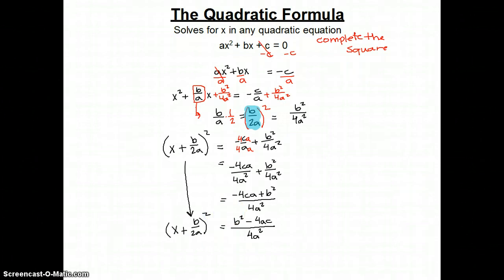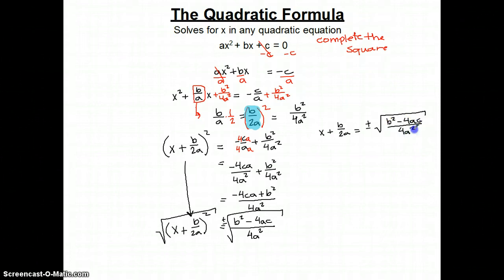Now again, my goal is to solve for x, so I square root both sides. Do not forget your plus and your minus. So what I have now is x plus b over 2a equals positive or negative square root of b squared minus 4ac all over 4a squared.